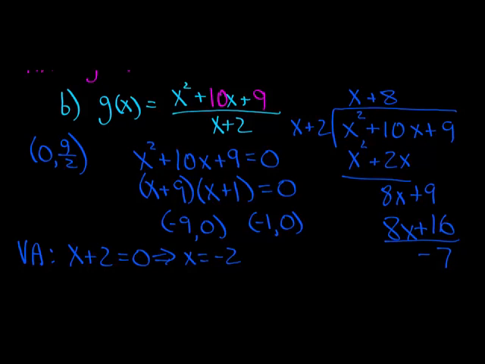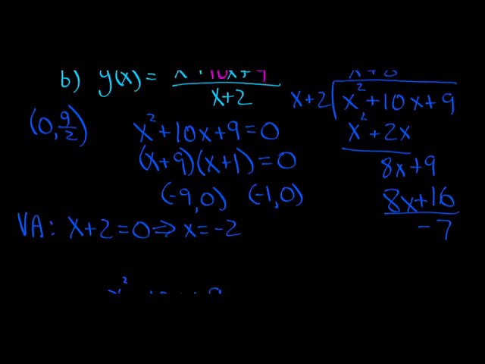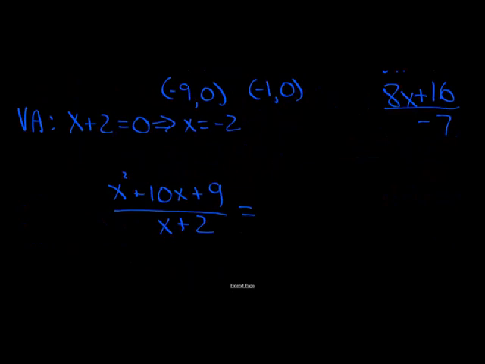Now, here's what we have. Let's think about what we have here. We have x squared plus 10x plus 9 all over x plus 2 equals, let's see what it equals. It equals x plus 8 plus -7 over x plus 2, right? That's what we found out with our division.